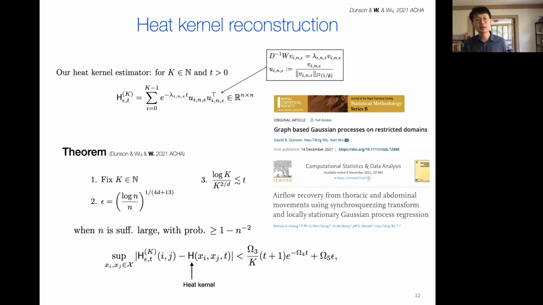So in this ARCHA paper, we also gave a proof showing that, hey, actually, we can also reconstruct heat kernel, with some error rate, and so on. And the purpose was motivated by doing Gaussian process regression, studying Gaussian process and the design of the coherent structure for Gaussian process on the manifold and its application to medical data.